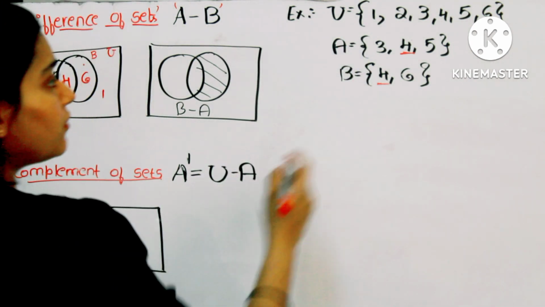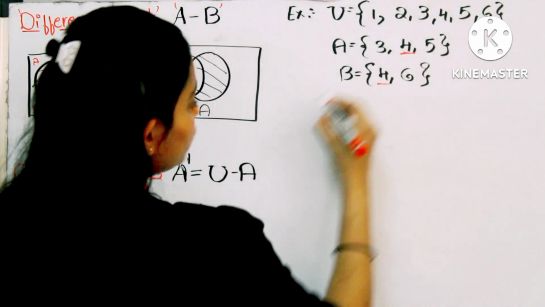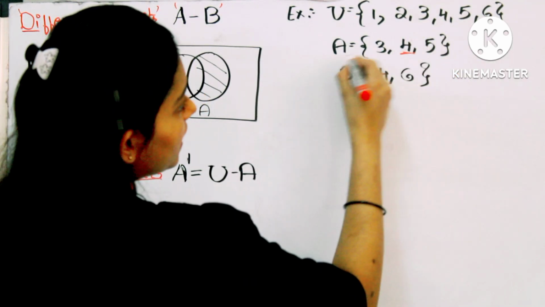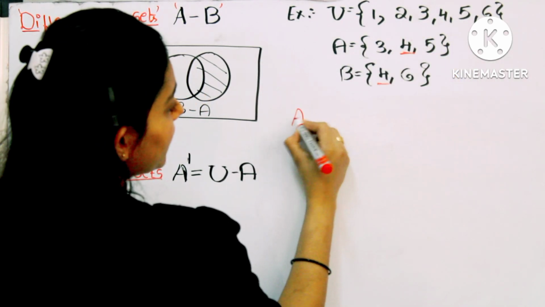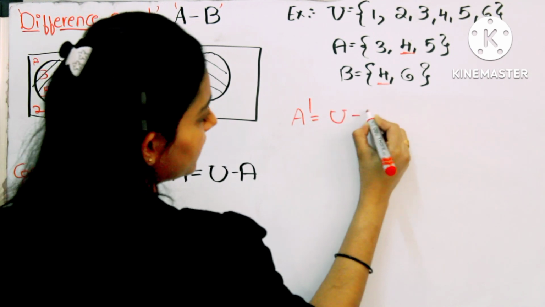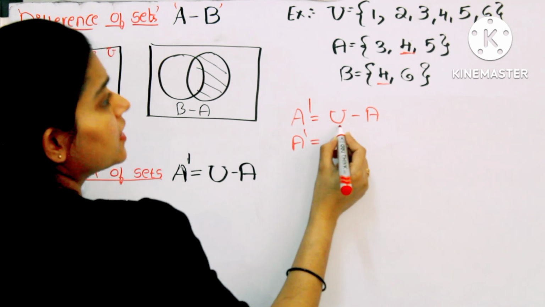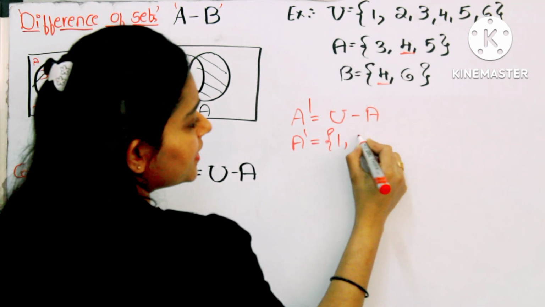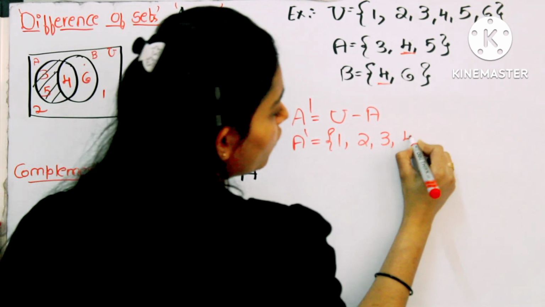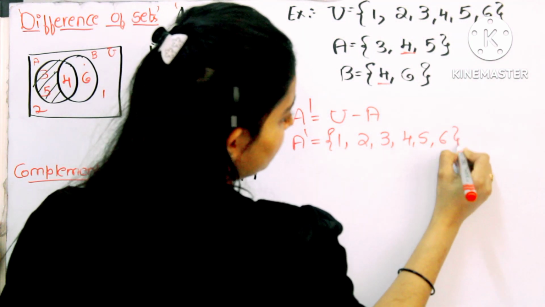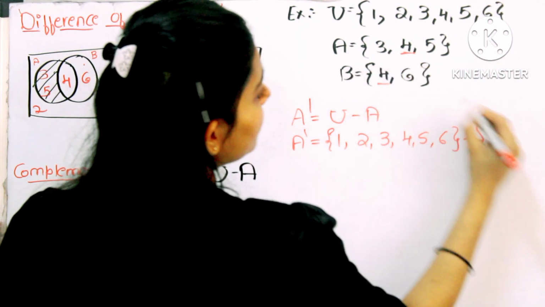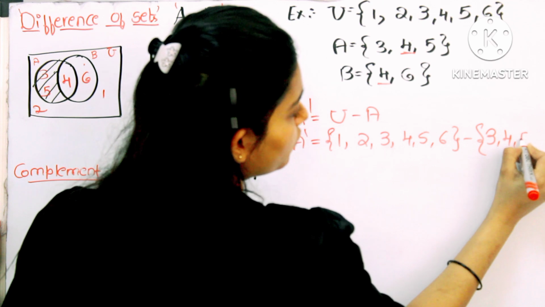So let's take an example. What is the universal set? 1, 2, 3, 4, 5, 6, and A is 3, 4, 5. So what is A dash? It is U minus A. That is, 1, 2, 3, 4, 5, 6 minus A, where A is 3, 4, 5.